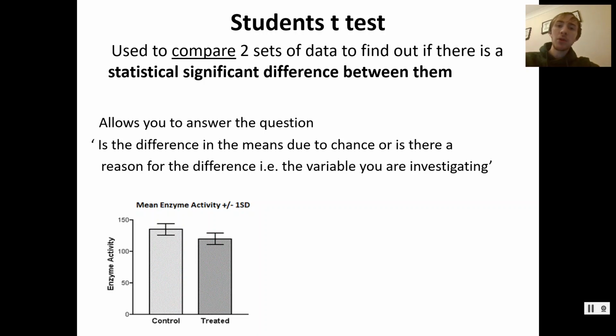And the more people you tested, the more likely it is that the t-test will tell you, yes, there is a significant difference between the heights. So basically, it allows you to answer the question, is there a real difference between the two samples I've taken, or is it just down to chance?